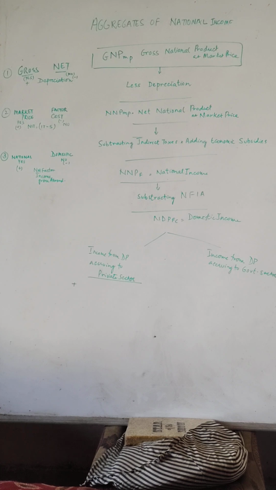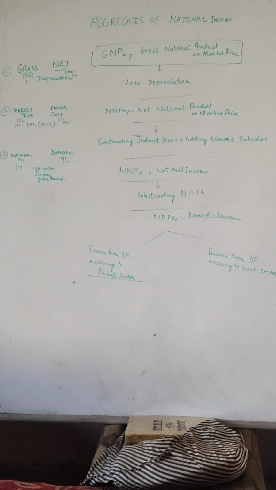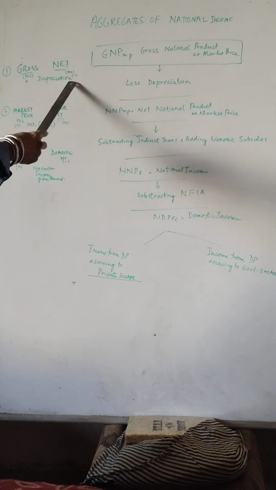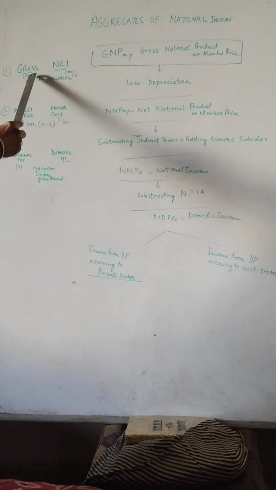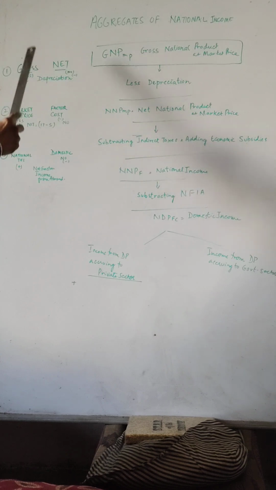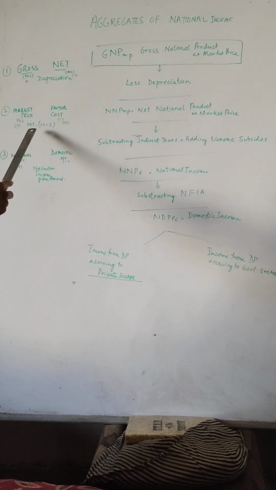And having said that, I have written something on the whiteboard here: aggregates of national income, as you can see. Before we go on, look at this: gross, net. Get used to these terms: gross, net, depreciation, market price, factor cost, net indirect tax, subsidies.